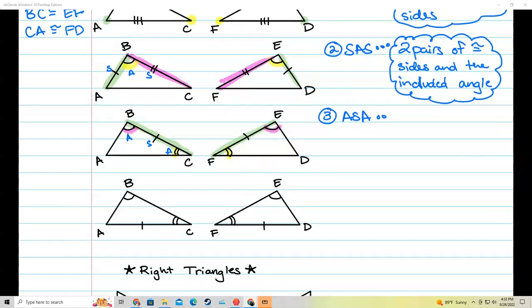So angle side angle is when you have two pairs of congruent angles and the included side. And again, when I say the included side, I mean the side is sandwiched in between the two angles.